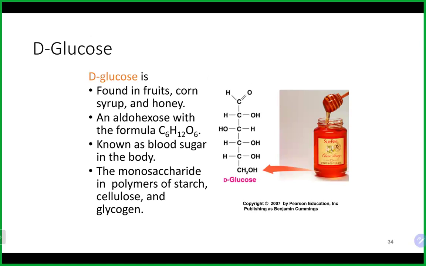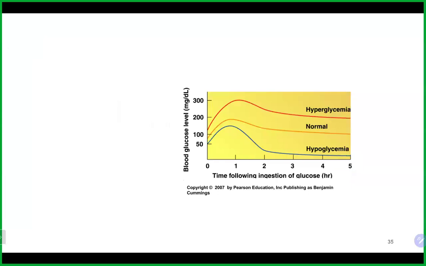We also store it in our body and break it back down if we need it, stored as glycogen. It is also the monosaccharide of polymers like starch and cellulose, and as I just mentioned, where we store it as glycogen, and we go through gluconeogenesis to break that back apart and use it for energy if necessary.